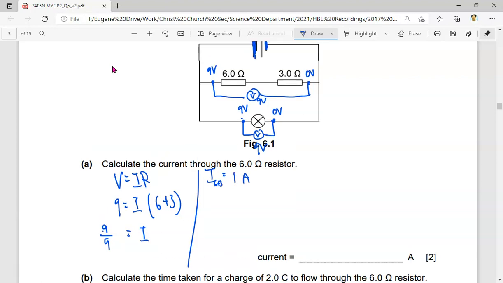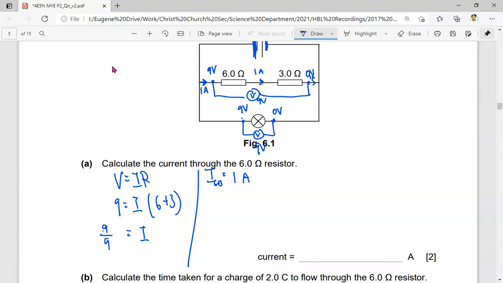Because this is a series circuit, the current coming in here is 1 ampere. It means the current flowing through the 6 ohm and 3 ohm is 1 ampere. Once it flows through, the current still stays the same, 1 ampere. When it reaches here, it is still 1 ampere.